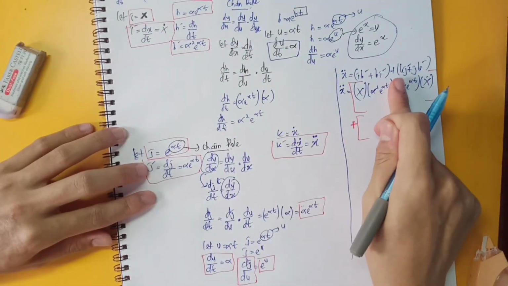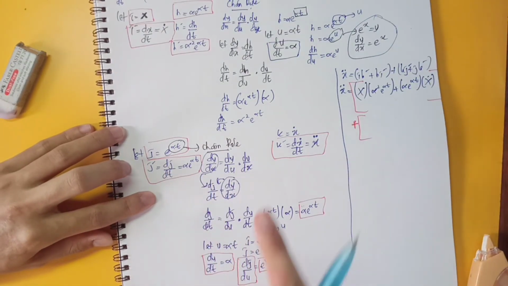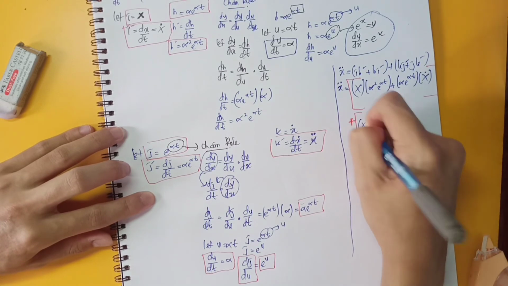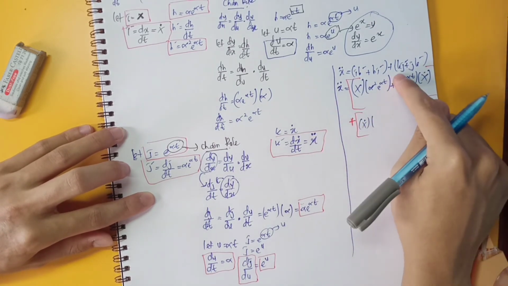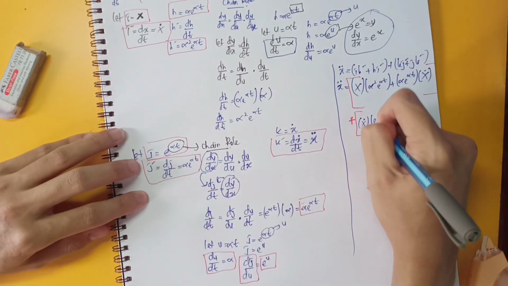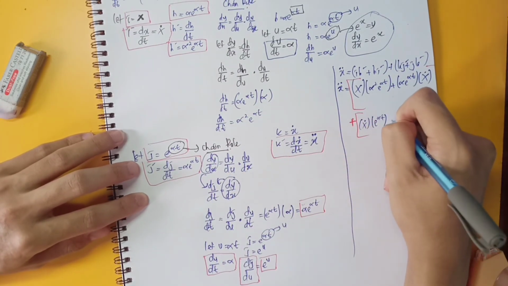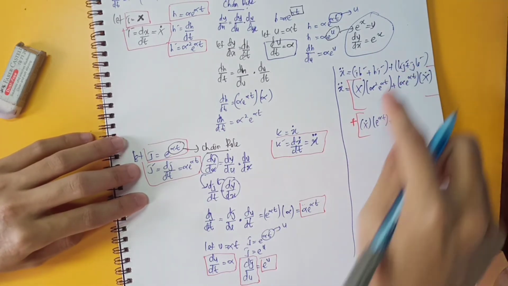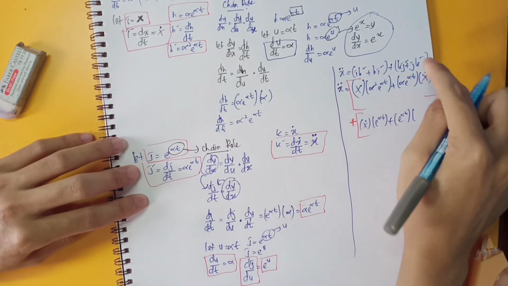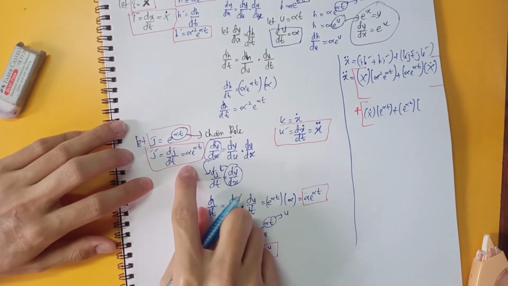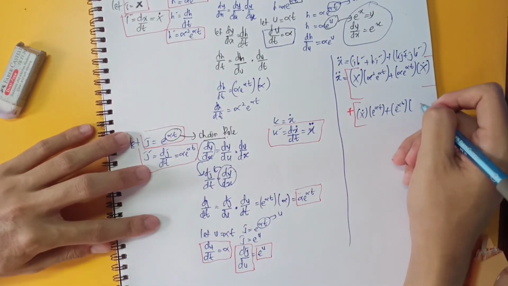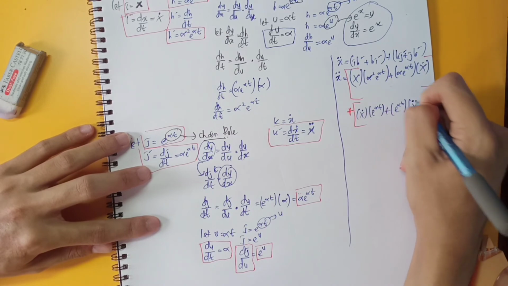I open another bracket. So k is equal to x double dot, x single dot, capital X single dot. So x single dot here, times the j prime, which is exponential power of alpha t, and then plus the j, which is exponential power of alpha t, times the k prime, which is x double dot.